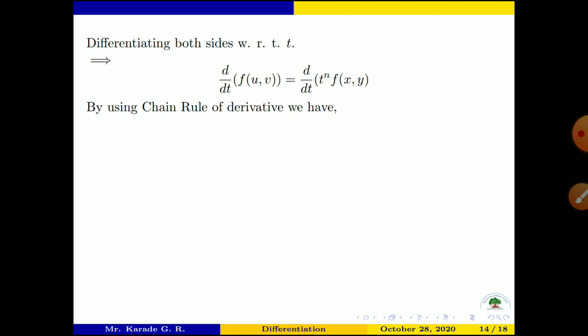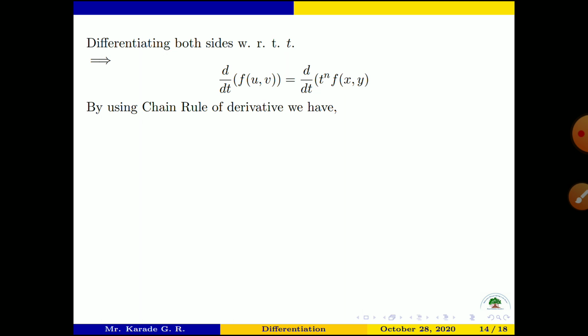Therefore, on the left hand side we use the chain rule of derivative. Here f is a function of u and v, and u and v are functions of t.